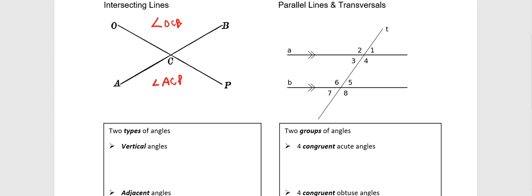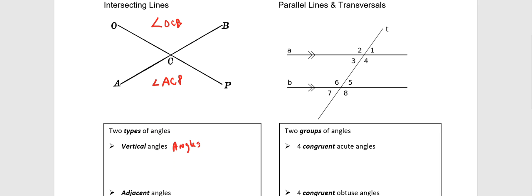Now, these two angles here that are formed by these intersecting lines are what we refer to as vertical angles. Vertical angles are angles across from each other. So angles across from each other when we see intersecting lines. So why don't we actually say this?